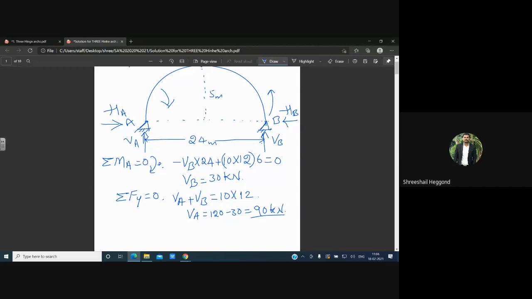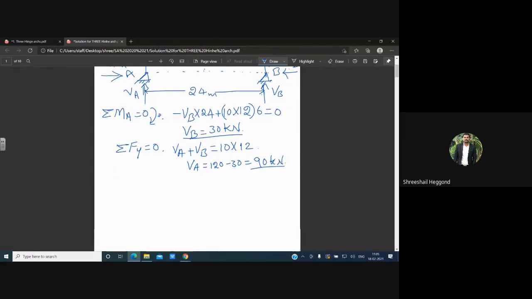Now calculate the horizontal reactions, that is HA and HB, by considering the moment about point C, where moment about point C is also 0 only. Therefore, you can consider moment about point C, which is a hinge. Therefore, the moment will be 0 at hinge only. Summation of moment about C is equal to 0.